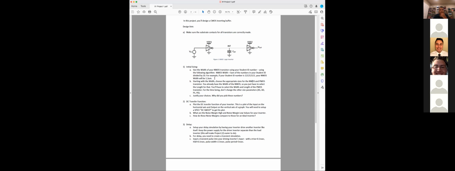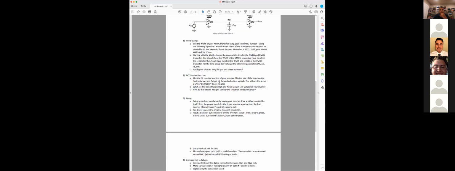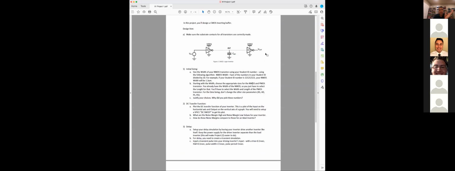Starting with that, as the first step I'm asking you to select, either by doing simulations at that point or just with your first good estimate, a length for the NMOS. You've already got your width, so pick a length, and then pick a width and length for the PMOS transistor.